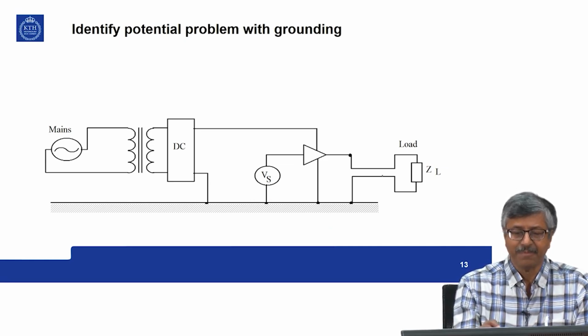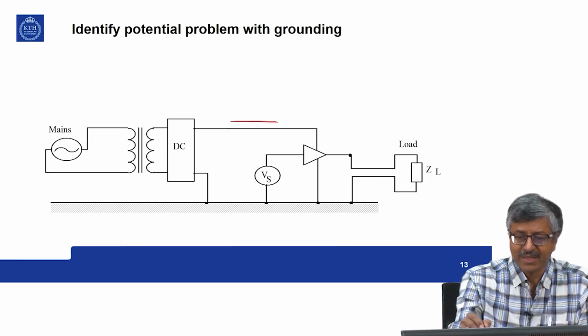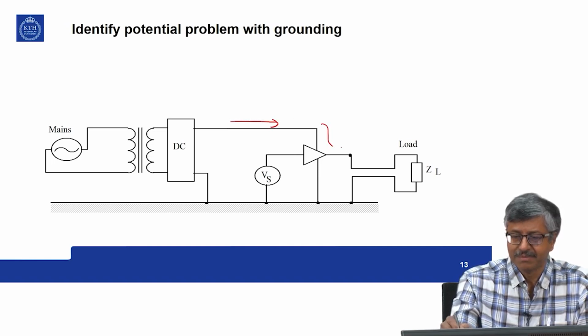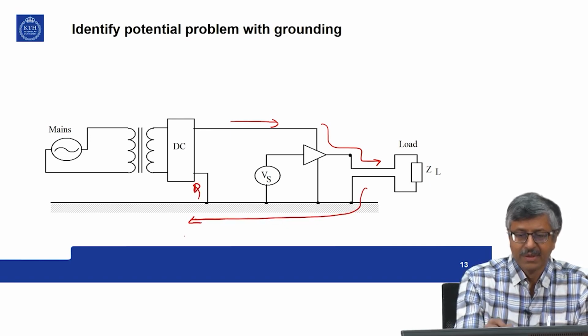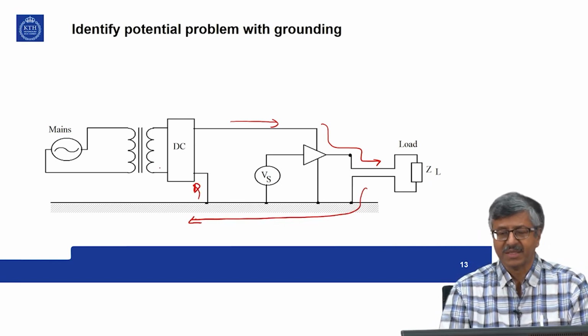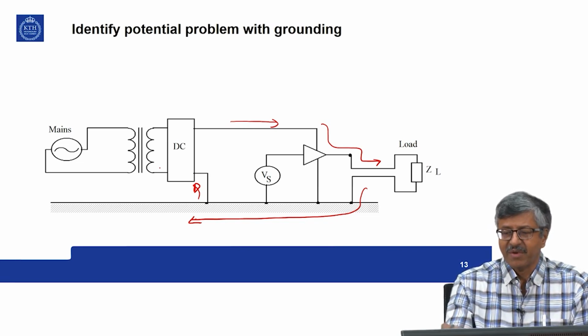For example, this is an amplifier amplifying a signal. In this case the heavy currents are flowing like that, then returning back to the transformer like this. So, the signal is amplified.